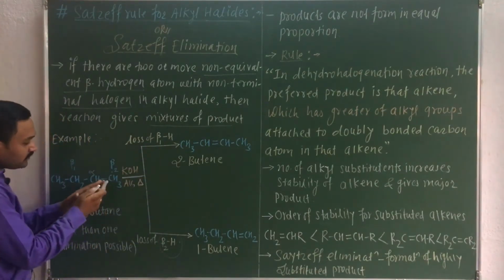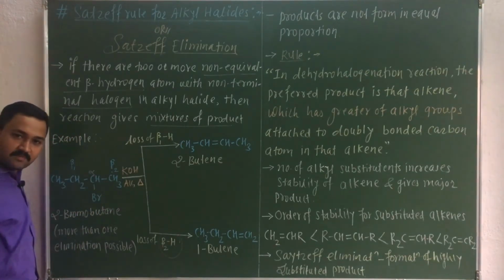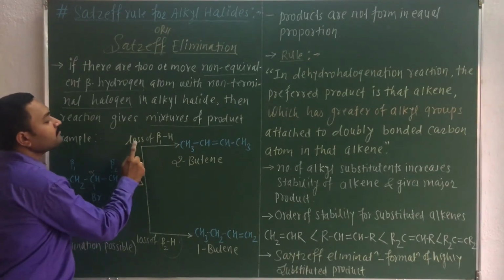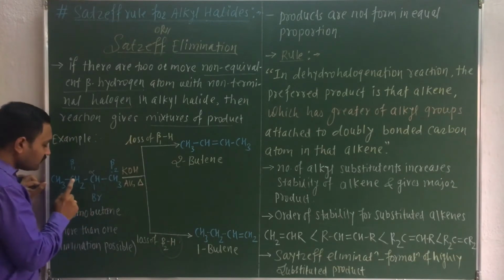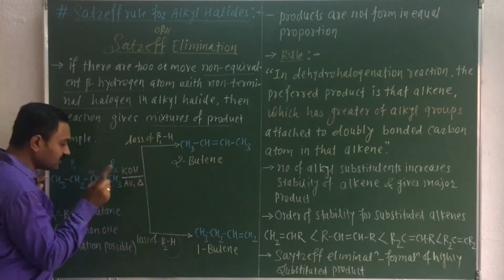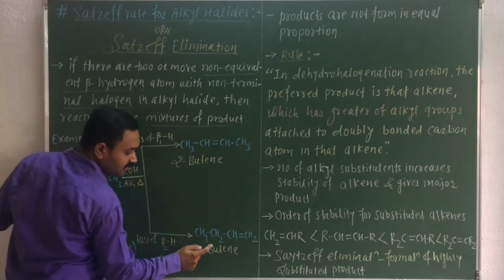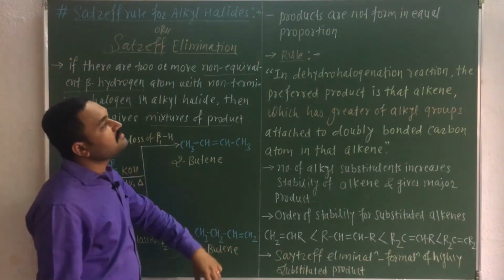Either you remove the beta hydrogen atom from this carbon atom or from that carbon atom. After removing the beta hydrogen atom from this carbon atom, you get 2-butene as the product. Removing the beta hydrogen atom from the other carbon atom, you get 1-butene as the product. So what happens then?